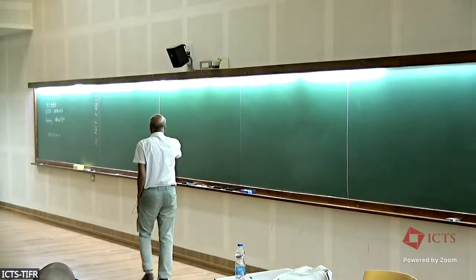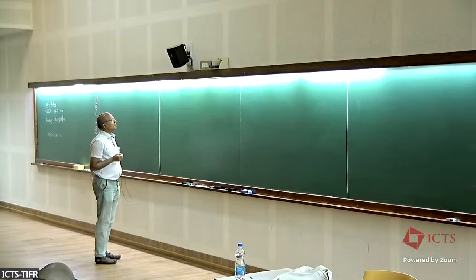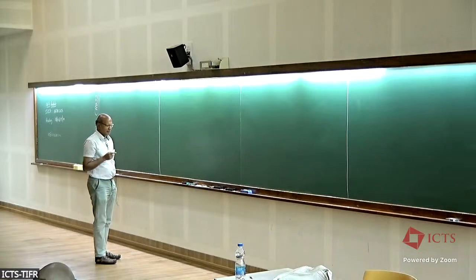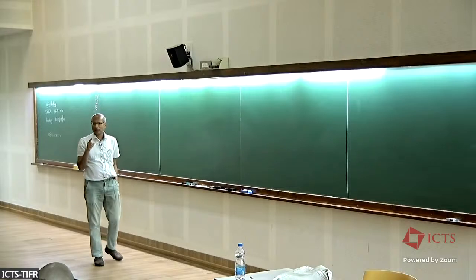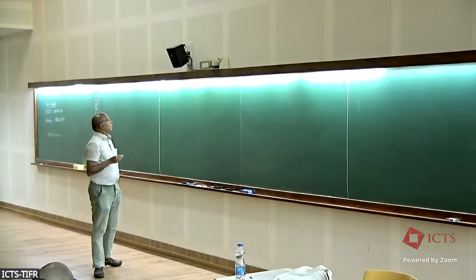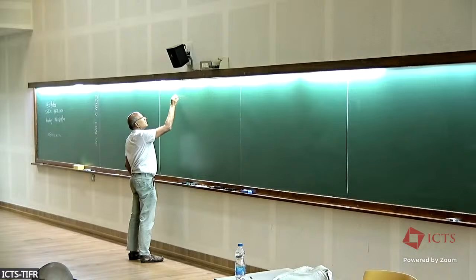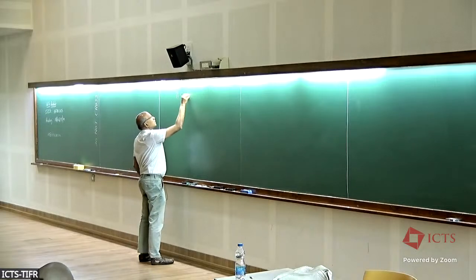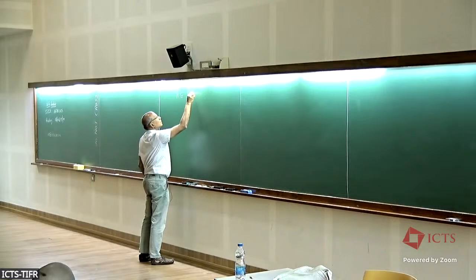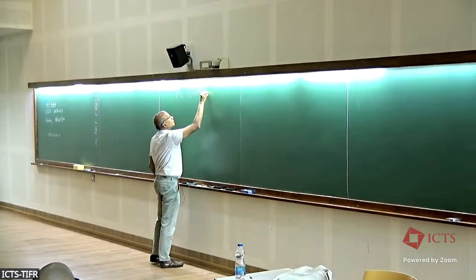I want to emphasize the role of multiplicity-1 theorems in relating global period integrals to what one may call local period integrals. So last time, at the end of the lecture, I was in the context of automorphic representations of a reductive group.